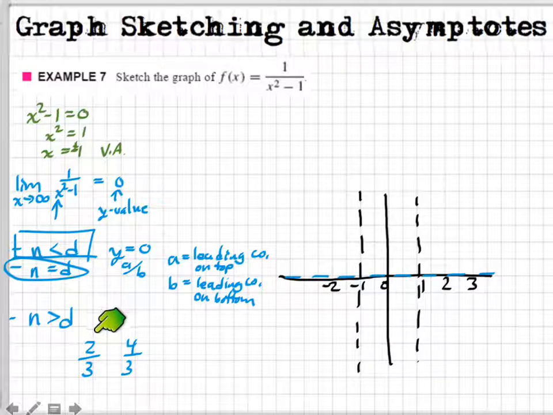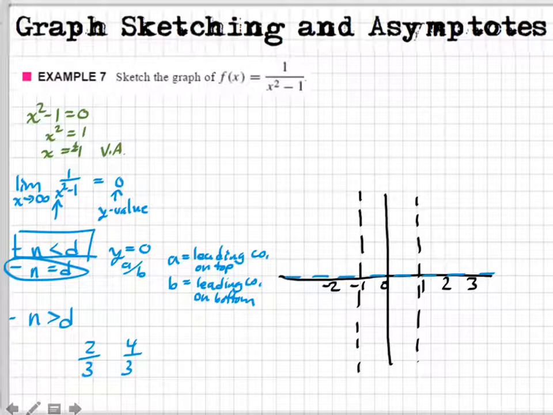Because I like this fraction better than I like this fraction. Why do I like this fraction better? Because he's not improper. The number on top is smaller than the number on the bottom. Same here. The degree on top is smaller than the degree on the bottom. I like him. And because I like him, I know I'm going to get the asymptote that I like. And the asymptote that I like is y equals 0 because he's so nice.